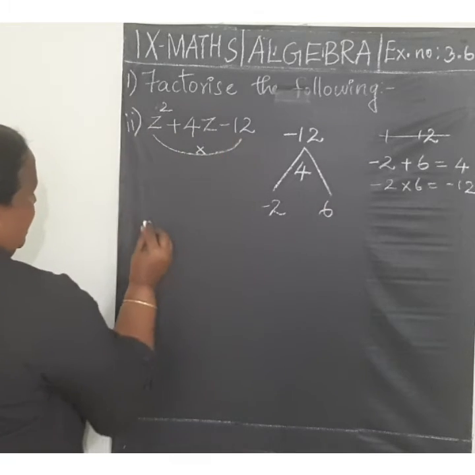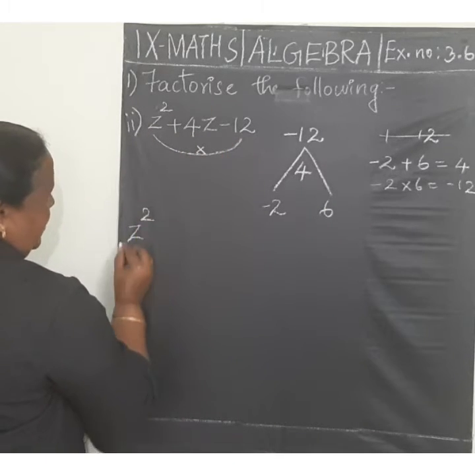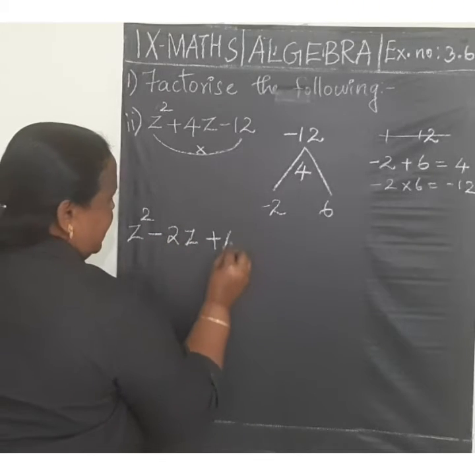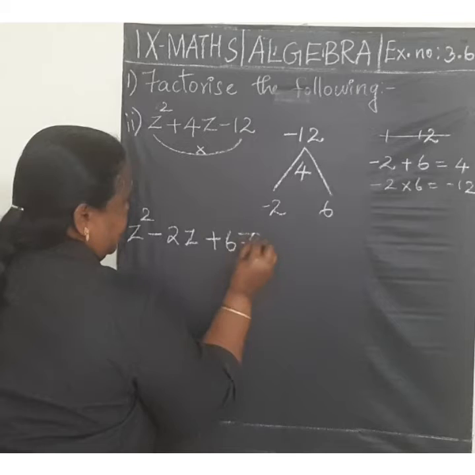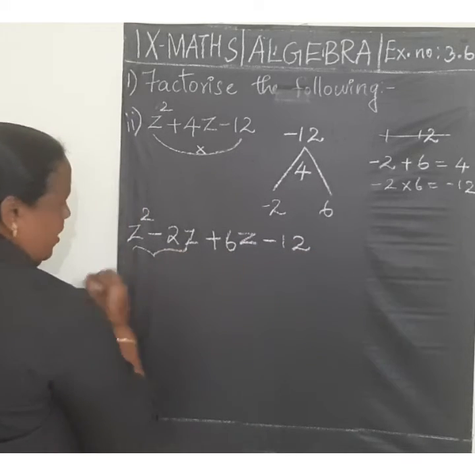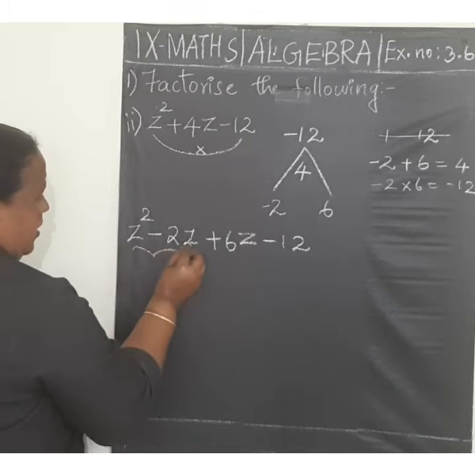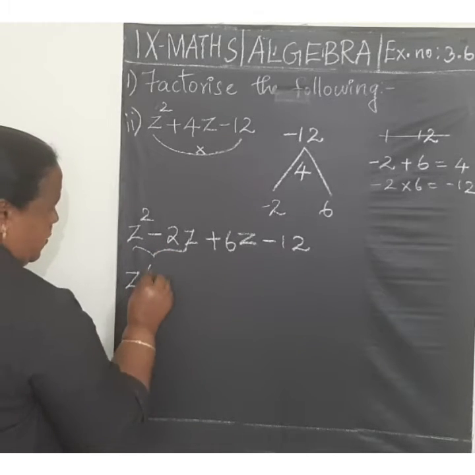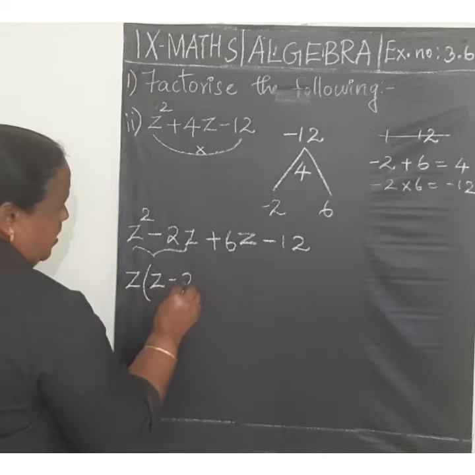Now we split this middle term, z squared minus 2z plus 6z minus 12. Now take this z squared and minus 2z term. In this term z is common, so we are taking one z outside, so z minus 2.